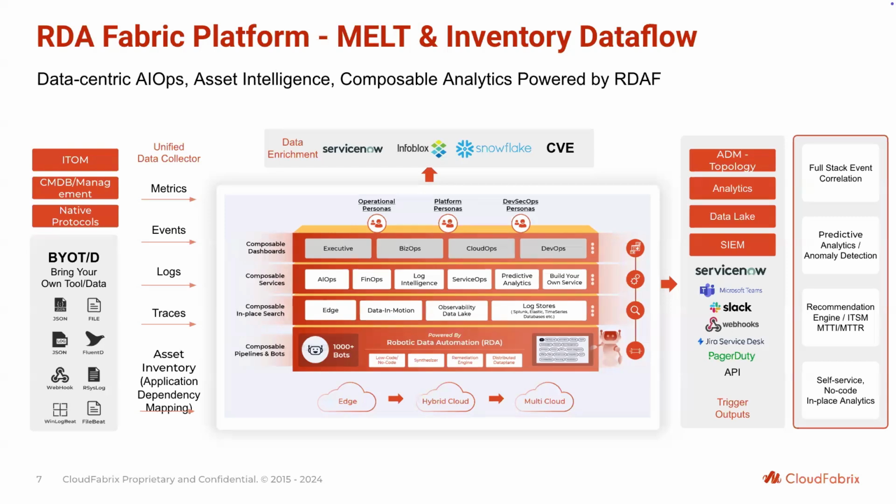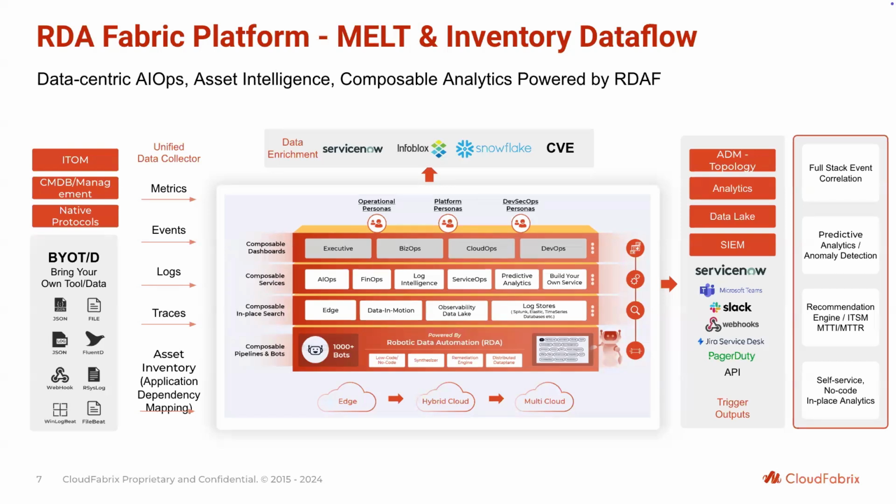So having all of this data automated simplifies establishing the asset dependency mapping by discovering the applications and your infrastructure, both virtual and bare metal environments, and establishing the relationships between the assets as the events get raised in real time and are ingested into our platform from multiple monitoring tools.